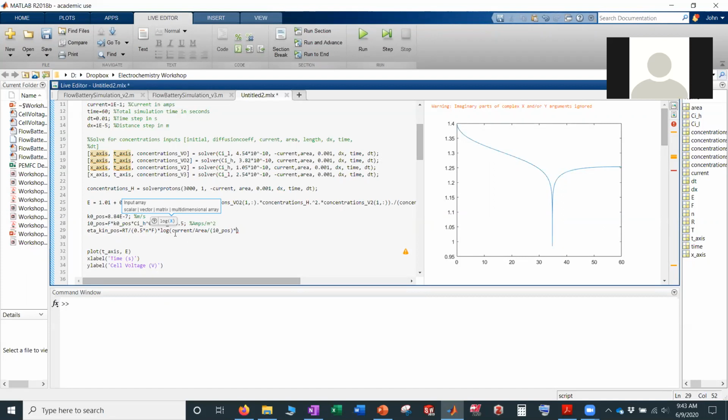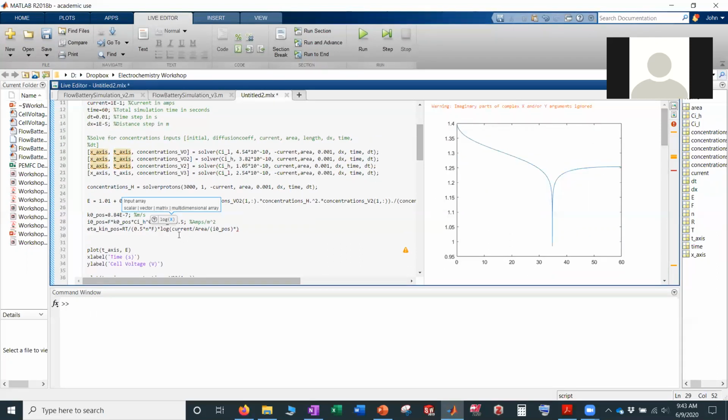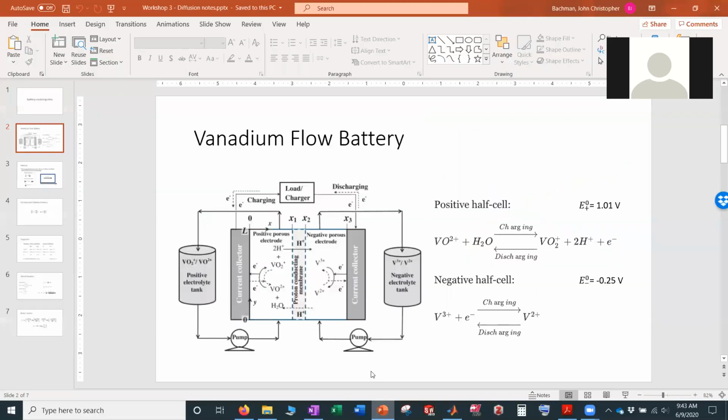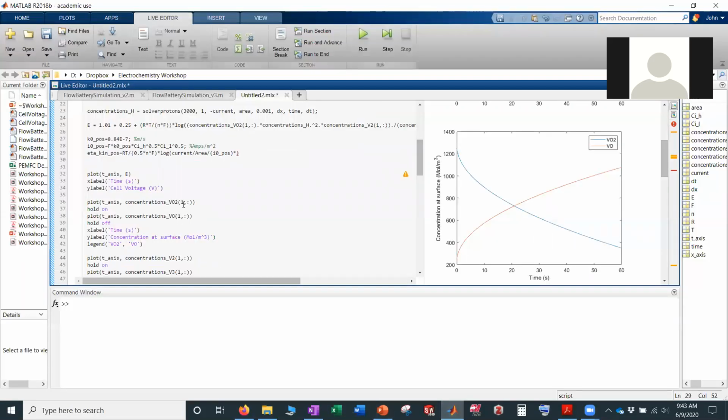So the hard part here is this thing's going to be a function of time. So we need to get the concentration of the reactant. So on the positive side, our reactant during discharging is going to be our VO2 plus concentration.